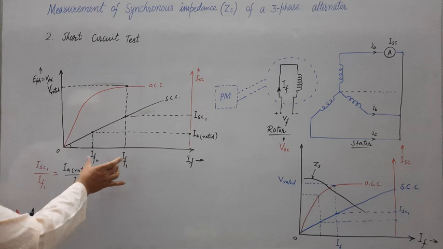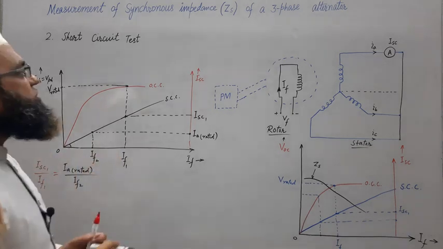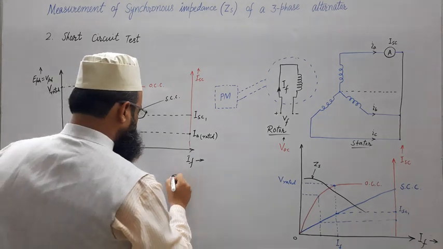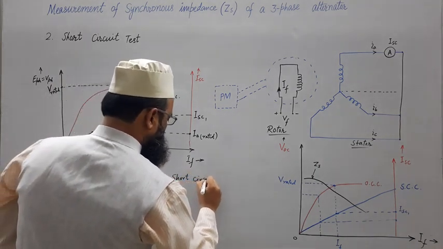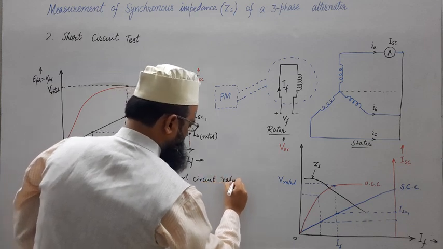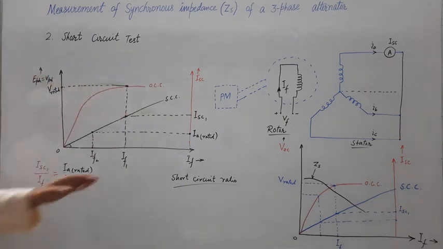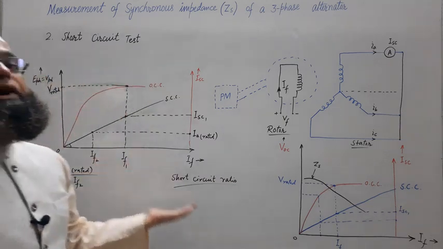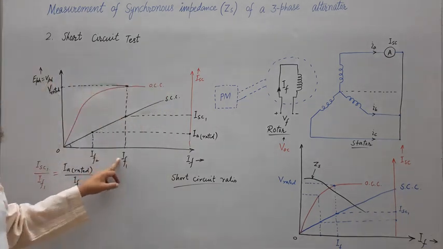The ratio of these two field currents, IF1 and IF2, is known as short circuit ratio. What is this? This is basically the ratio of two field currents, IF1 and IF2. You know what IF1 is?